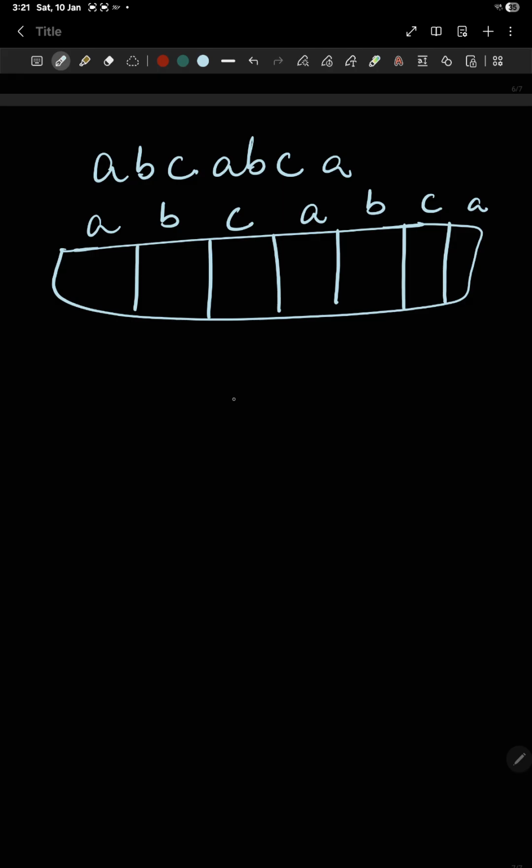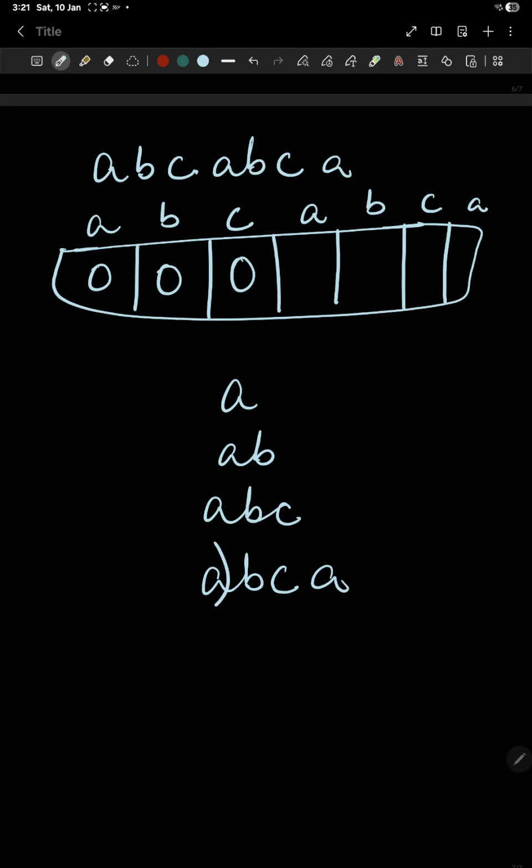Okay, so a, nothing, 0. a b, nothing, 0. a b c, all different, 0. a b c a, only a and a, the longest prefix and suffix, so this a here and here, therefore 1.